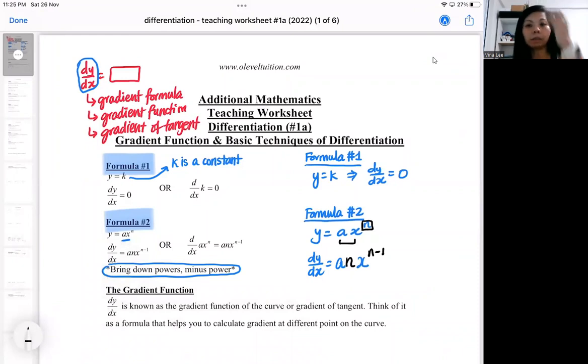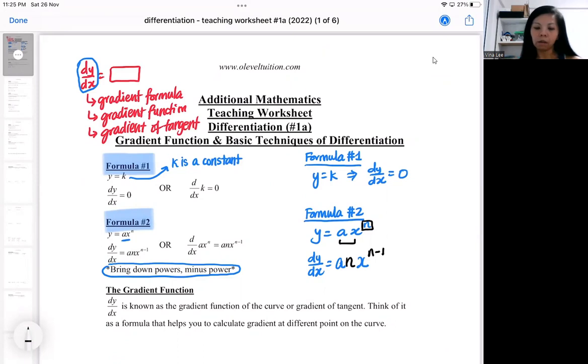To differentiate something with x, if you ensure that x is side by side with the constant, you can just do bring down power, minus power. Formula 2 is characterized by the phrase that we will always say: bring down power, minus power. You keep saying that. That will be basically the second rule. You must understand the condition when you can apply this rule.